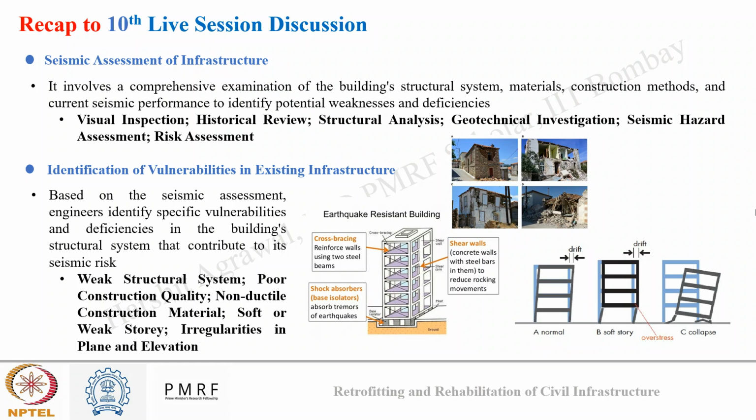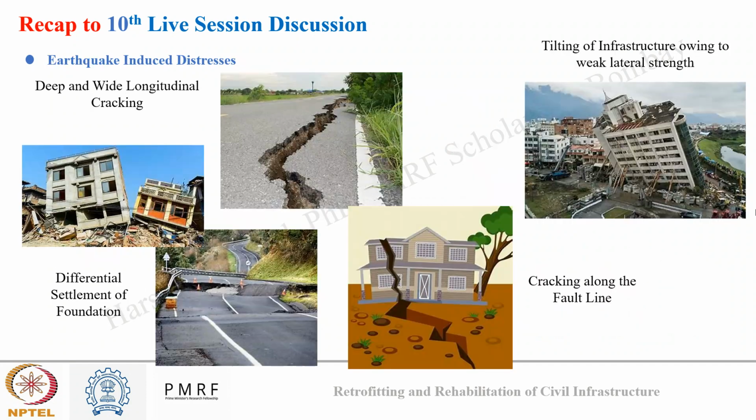For all these, we saw how they affect infrastructure, and how they make a structure prone to seismic damage. We then saw different ways in which distress can hit an infrastructure during an earthquake event. It can be in the form of deep, wide longitudinal cracking, differential settlement of foundation, cracking along the fault line, or tilting of infrastructure owing to weak lateral strength.